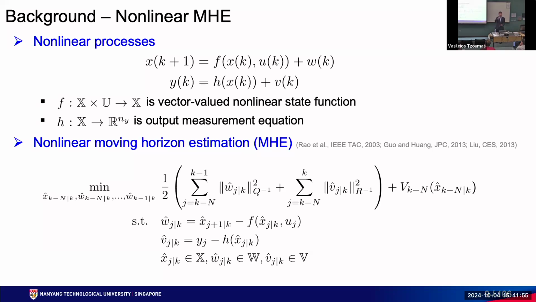I'm sorry, I should use Fahrenheit, right? So probably 70 to 85. 85 is too high. 70 to 80, right? So we know it must be bounded within this region, so the estimate should comply with such constraints as well. So constrained estimation is also essential for the process industry.